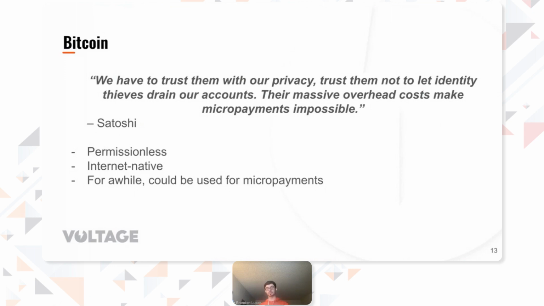Their massive overhead costs make micropayments impossible." So Satoshi solved a lot of pieces of the puzzle, right? Solved the permissionless aspect of it that the micropayment transfer protocol suffered from. Now we have an internet native currency, right? And for a while, it was kind of debated that micropayments could be a thing now with Bitcoin.